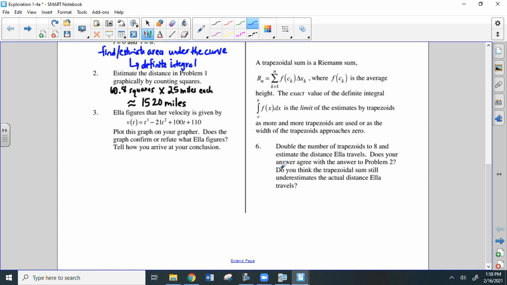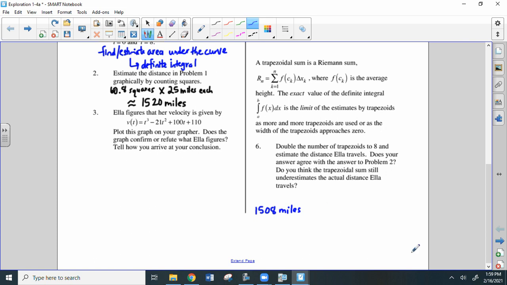I absolutely encourage you to go back and do this on your own. When you work this out for good practice, you should come out with 1,508 miles for the answer to that approximation, but it is definitely still an underestimate because it's still a concave down curve.